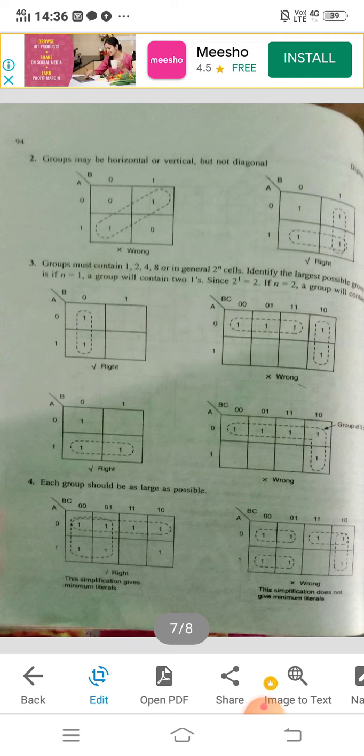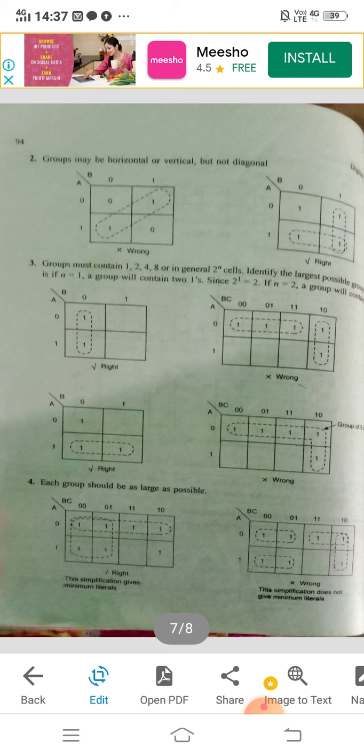Similarly we will do it in the K-map also. First is the right method, having 2 ones. Second is the wrong method, having 3 ones, because 3 is not a power of 2. Next, 5 is wrong because powers of 2 give 1, 2, 4, 8, not 5. Second is the right method, 2 ones are there.